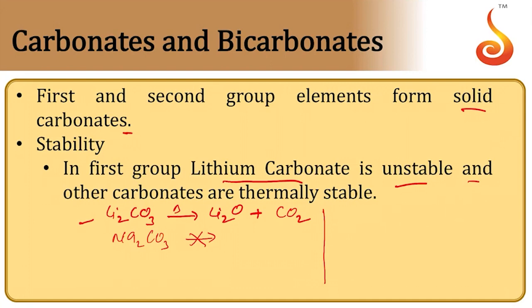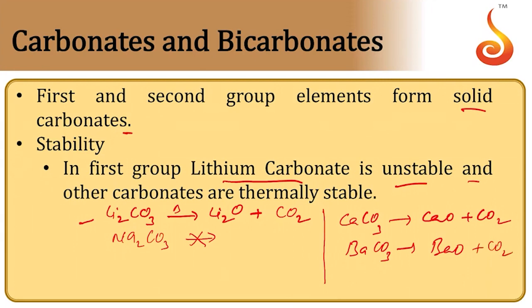Now when you take second group carbonates, all of them dissociate, but the stability will be increasing. Suppose you take calcium carbonate, giving rise to calcium oxide plus CO2. Take barium carbonate, BaCO3, it also dissociates to give BaO and CO2.